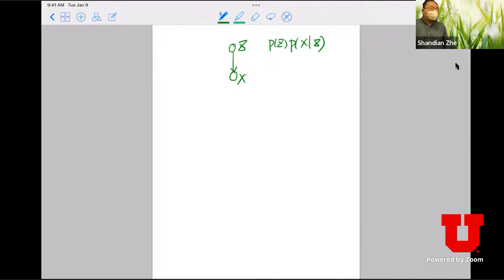Our goal is to compute the posterior distribution of z given x, which according to the Bayes rule would be dividing the joint distribution by the marginal distribution of x. The bottleneck is to compute the denominator, because the marginal distribution, which we sometimes call the model evidence, is essentially an integral, a marginalization of the joint distribution.